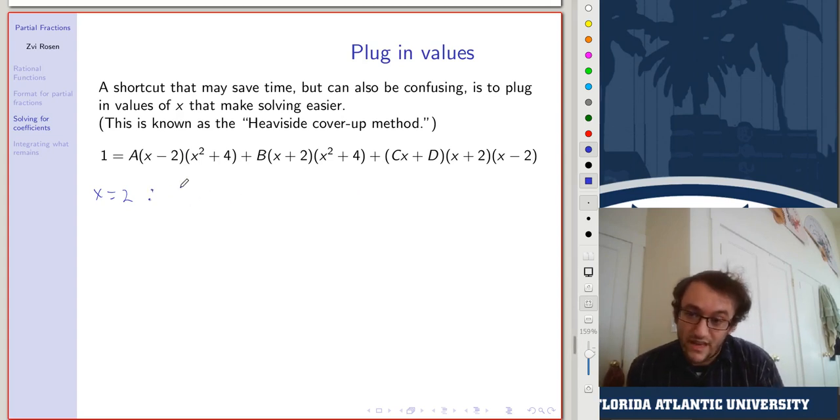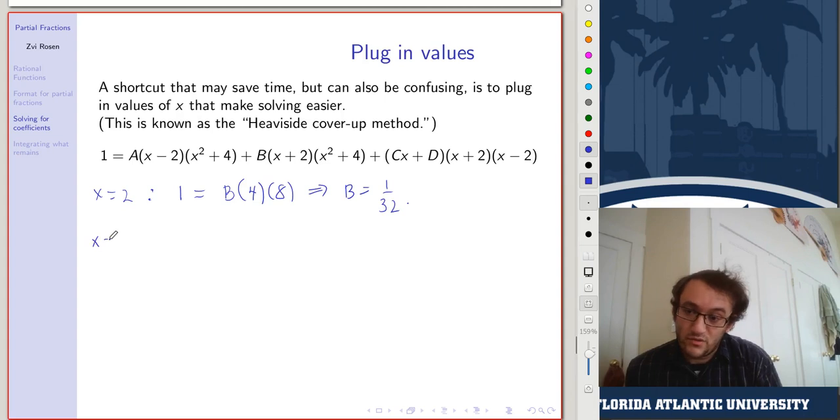So when I do that, I have 1 on the left-hand side, and I have b times x plus 2 becomes 4, and x squared plus 4 becomes 8. This tells me that b equals 1 over 32.